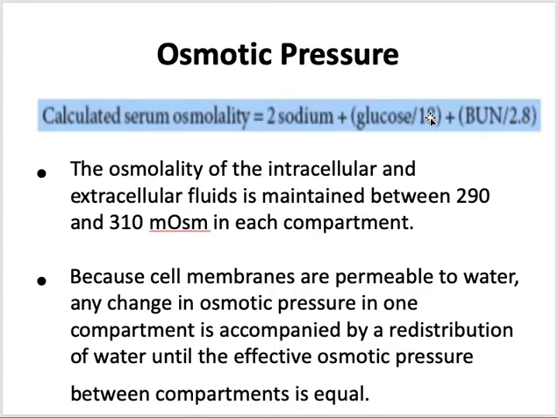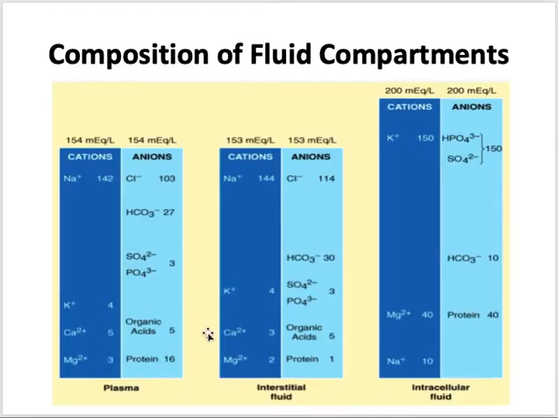As well, we have urea in the blood, but we are dividing that blood urea nitrogen by 2.8, so the value will be very small, right? But sodium, we are multiplying by 2.